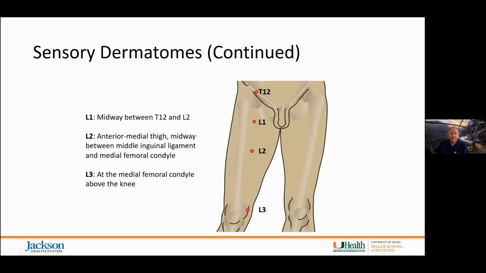The L1 dermatome is midway between T12 and L2. L2 is basically the anterior medial thigh, midway between the middle portion of the inguinal ligament and the medial femoral condyle, and L3 is at the medial femoral condyle, that is right around the VMO, vastus medialis obliquus complex.